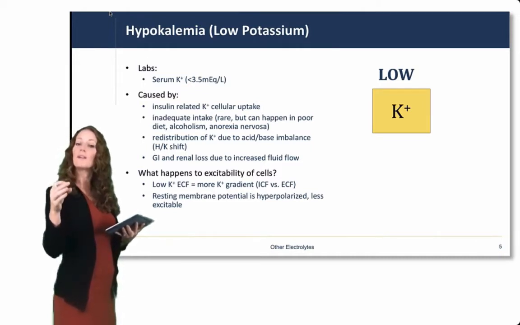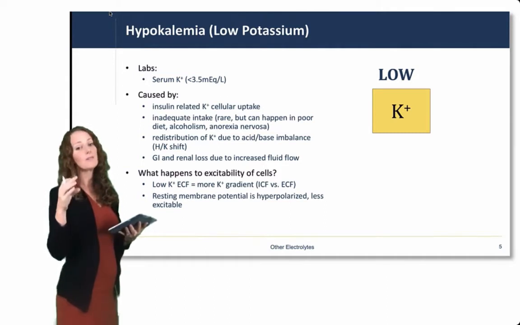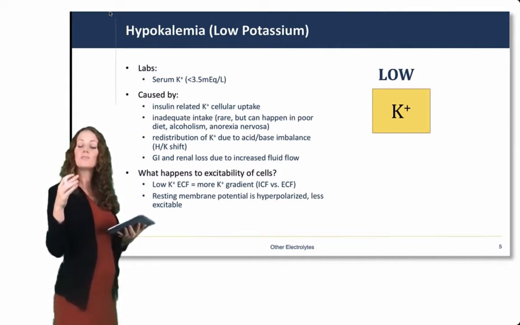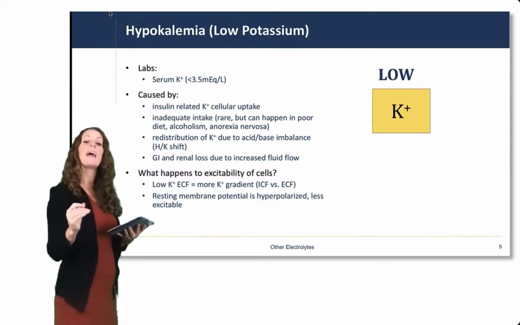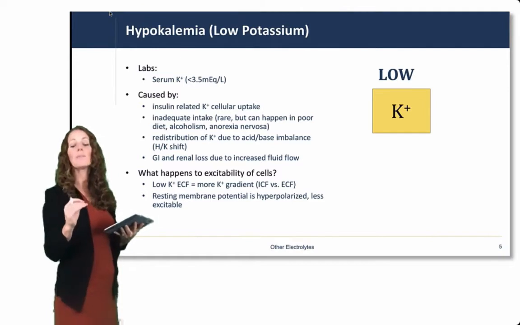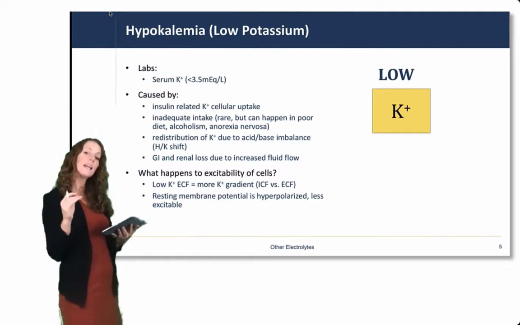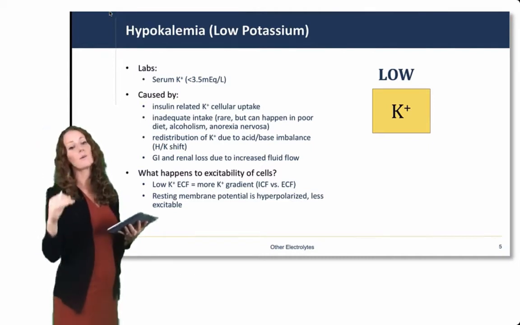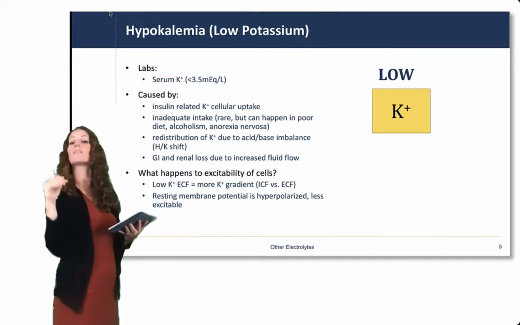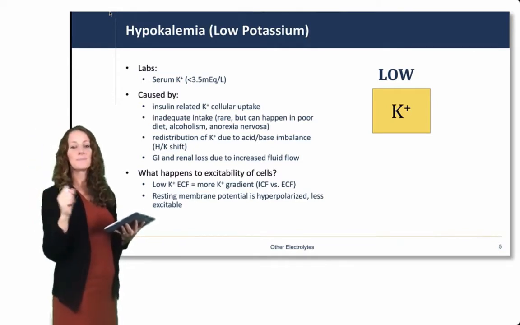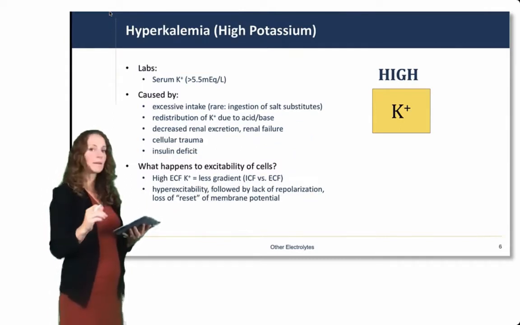When you have a greater gradient, you have a larger differential in membrane potential, meaning that the membrane potential will become more negative. When the cells become more negative or hyperpolarized, they are less excitable because it's hard to get them to electrical threshold in order to form action potentials to activate those neuromuscular, cardiovascular, or smooth muscle stimuli.